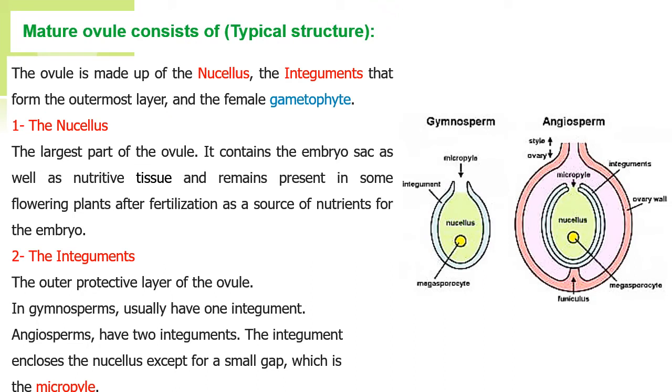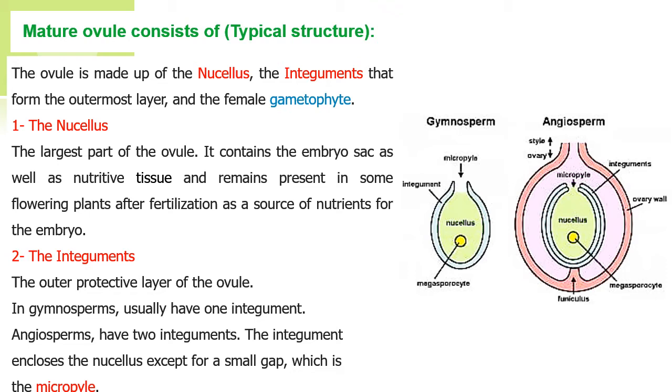A mature ovule has a typical structure or typical layers. The ovule is made up of the nucellus and integuments, or ovule walls or ovule coats.